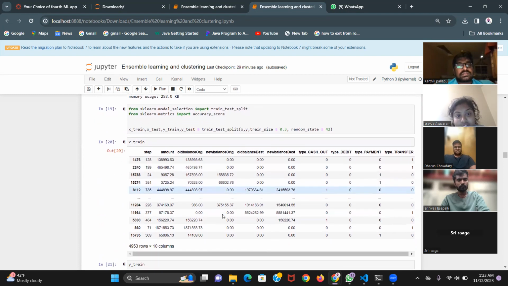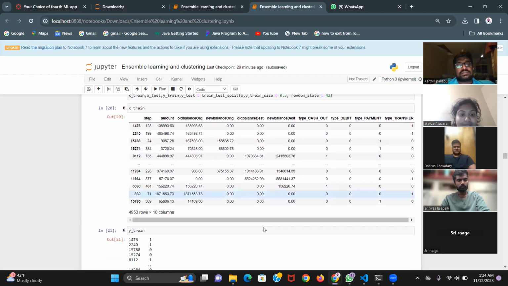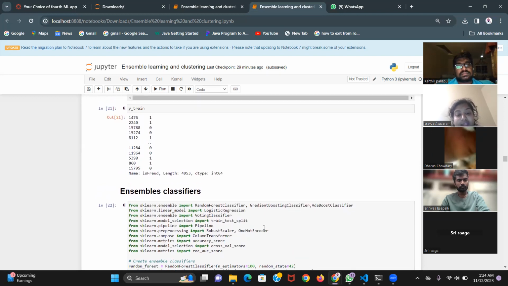When it comes to the X train data, the table is represented here. We can see all the data here with 4953 rows and 10 columns. And the Y train data.